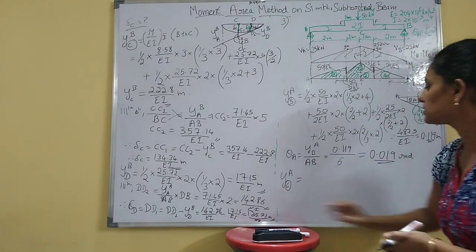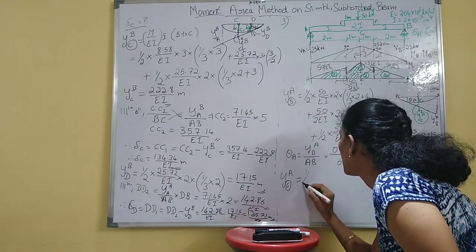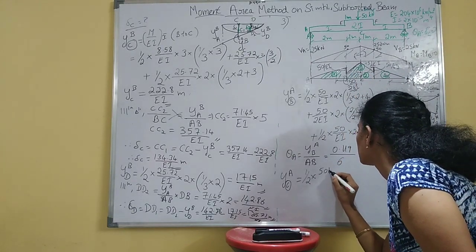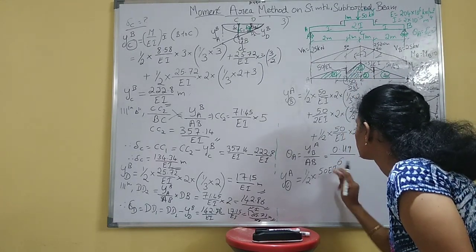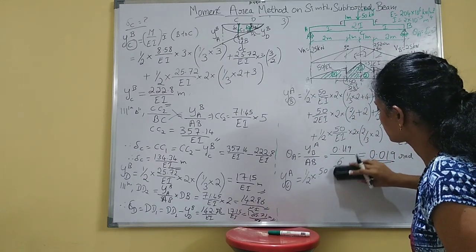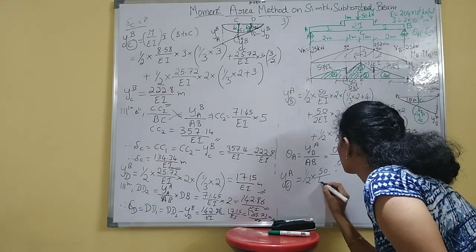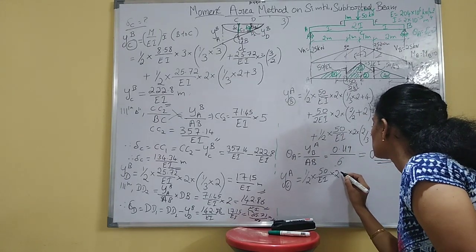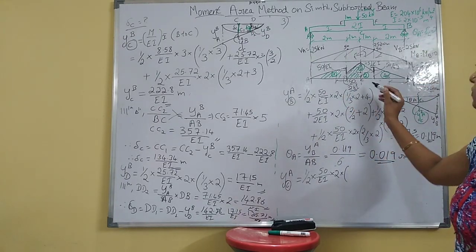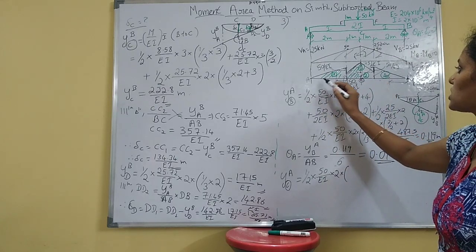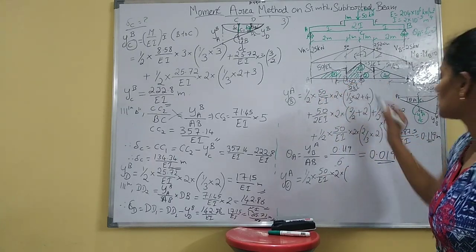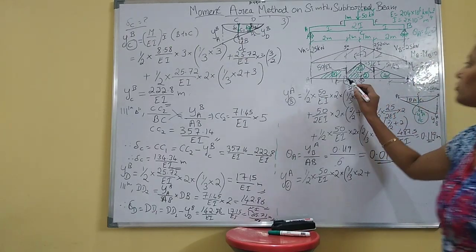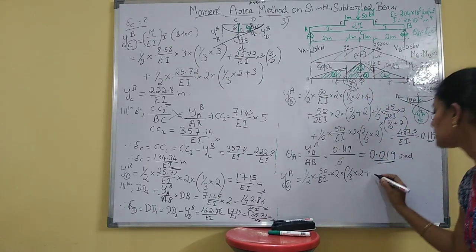Consider that. So half into 50 by EI into a distance of 2 meter, with respect to C. So with respect to C it is 1/3 of 2 plus, you have to consider up to C, here it is plus 1 meter.